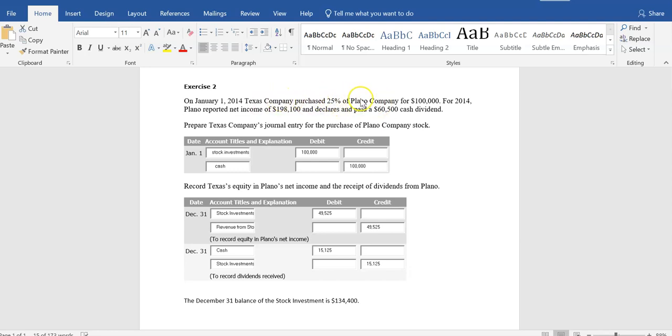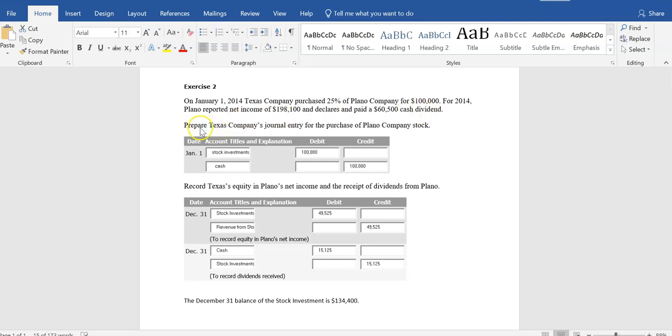Okay, it doesn't have control because to gain control, Texas would have had to purchase 50% or more of Plano Company's stock. But they only purchased a quarter of it. So it's just considered significant influence. For 2014, Plano reported net income of $198,100 and declares a dividend of $60,500 in cash.